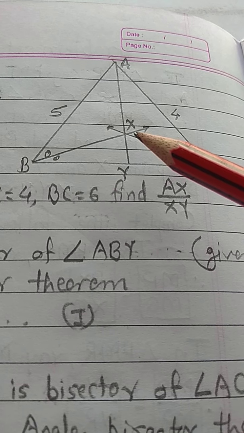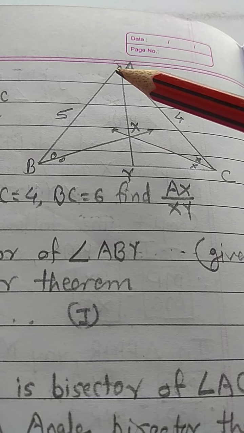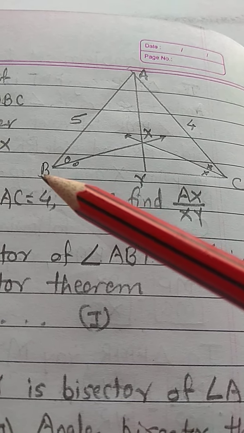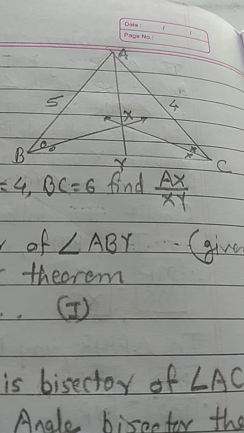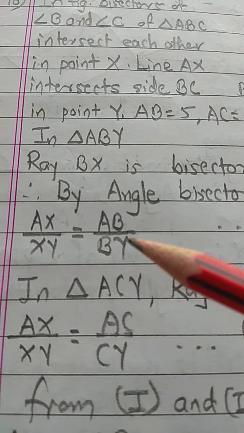As BX is a bisector of angle ABY, then we can write that AX upon XY is equal to AB upon BY by angle bisector theorem. Okay, see here, AX upon XY is equal to AB upon BY.